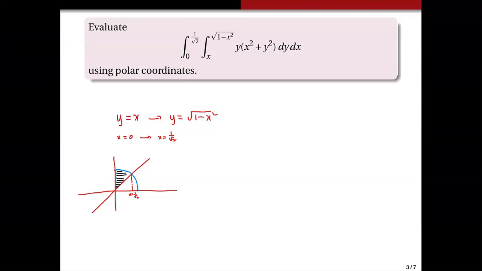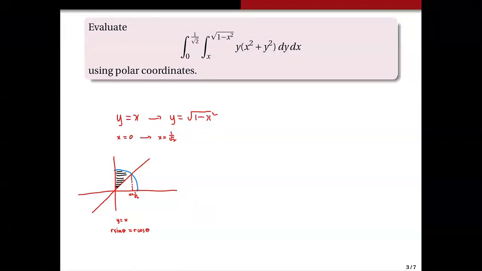So we now have that. Take note, we now convert this region here into polar form. So y equals x, this means r sine theta equals r cosine theta.